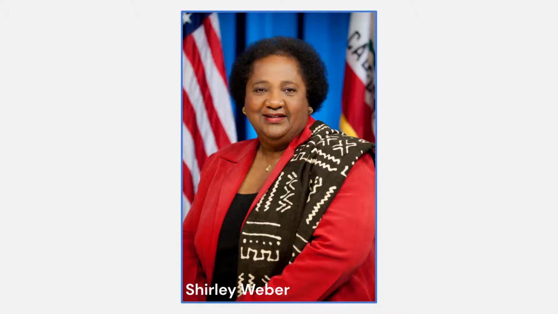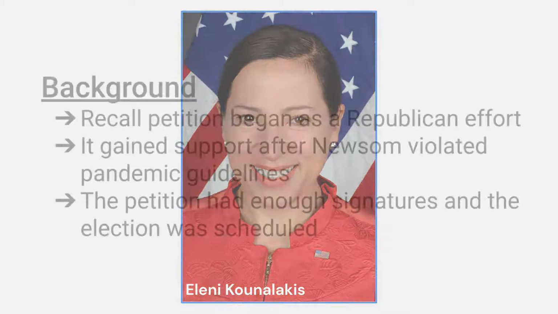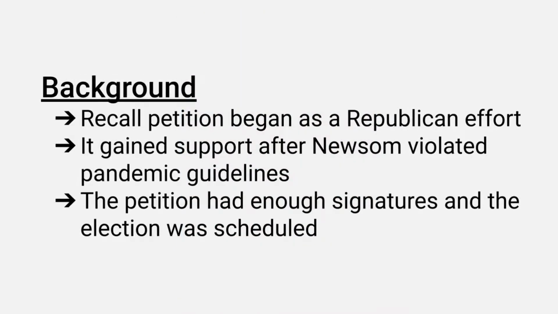California's state law gives Lieutenant Governor Eleni Kounalakis the power to schedule the election, and she set the date for September 14, 2021. In summary, the recall petition was initially a Republican effort, then it gained support amongst Democrats over Newsom's scandal, and finally it received enough signatures to get on the ballot.